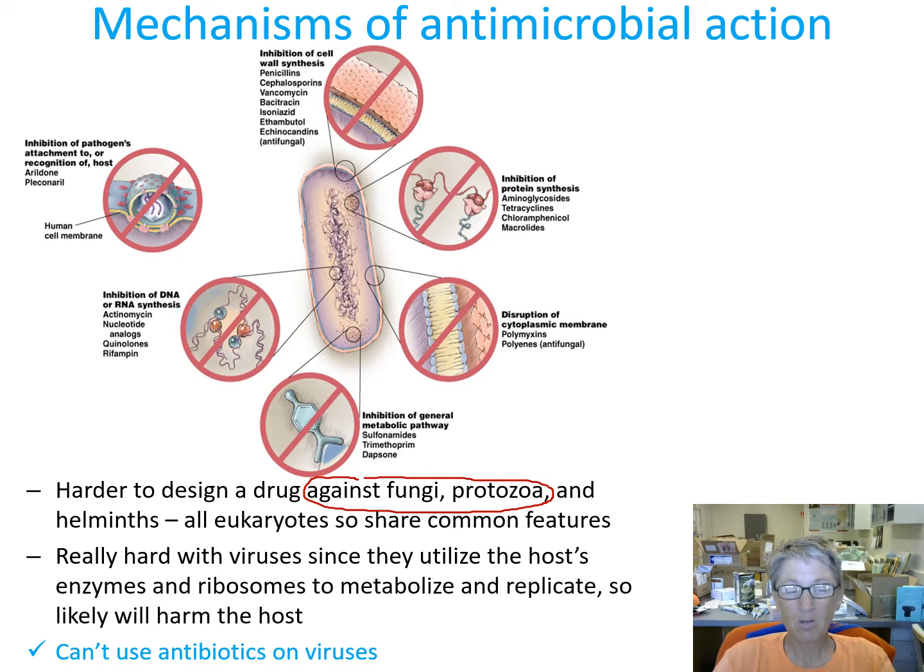It's really hard to design a drug for a virus like COVID, aka coronavirus, because viruses come in and they utilize the host's metabolic machinery, so their enzymes and their ribosomes. If you try to inhibit the virus once it's in our cells, that's difficult and could harm the host.